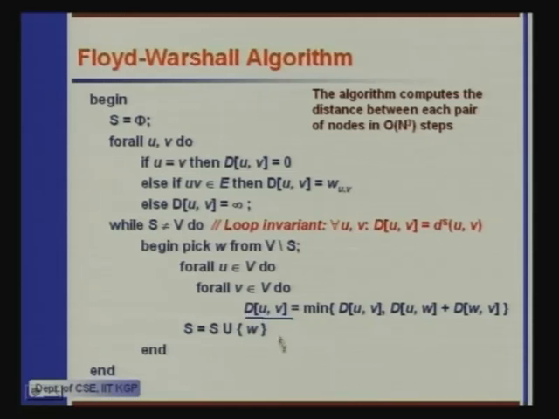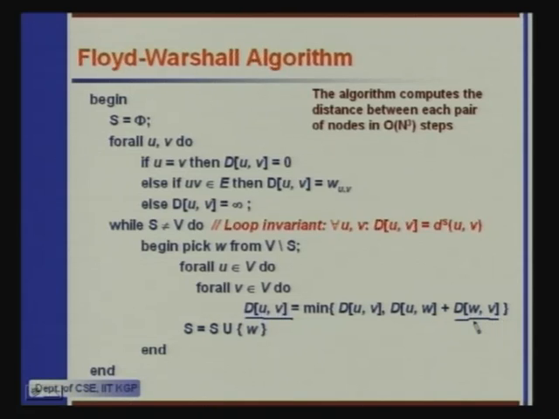Okay. Now, in order to achieve a distributed version of this algorithm, we realize that for a node u, all of this information is available locally except the dwv part. So, u has the value of duv, it has the value of duw, but it does not have the value of dwv.